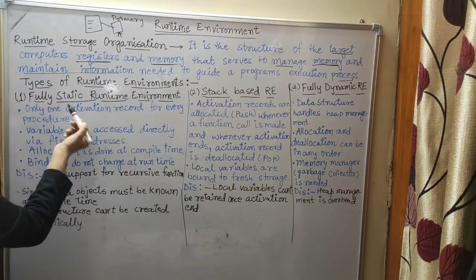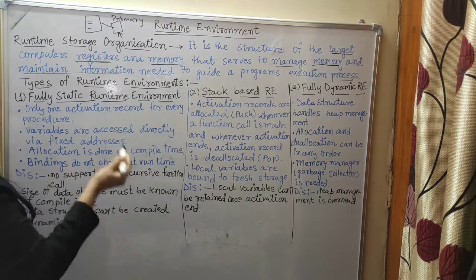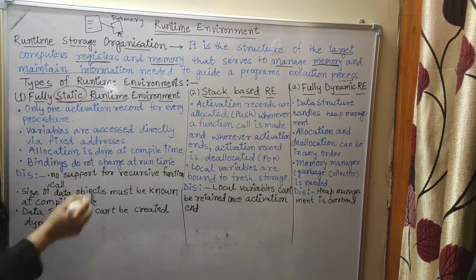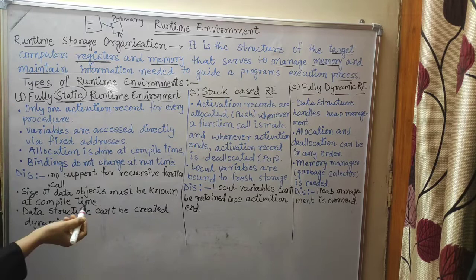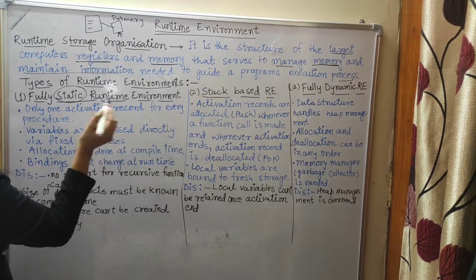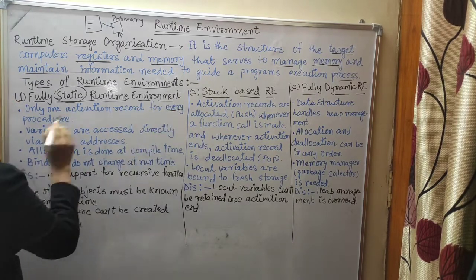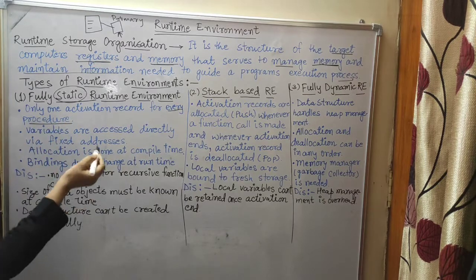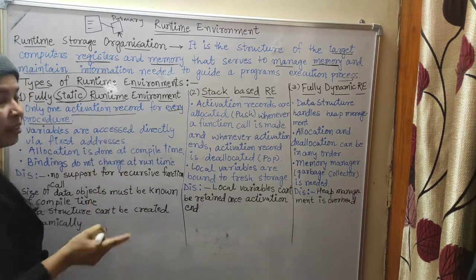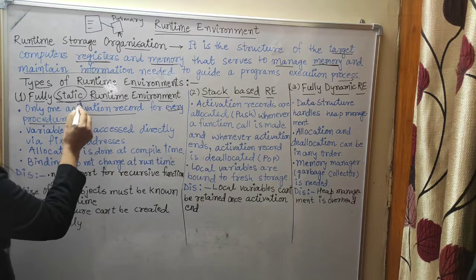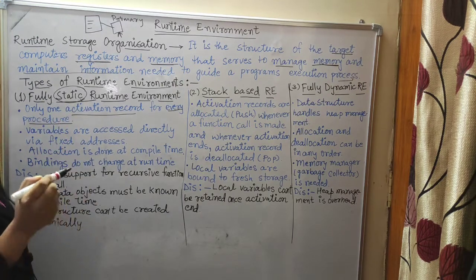First we will see number one, the fully static runtime environment. Static means fixed. There is only one activation record for every procedure. That means every procedure needs one activation record in the static runtime environment.